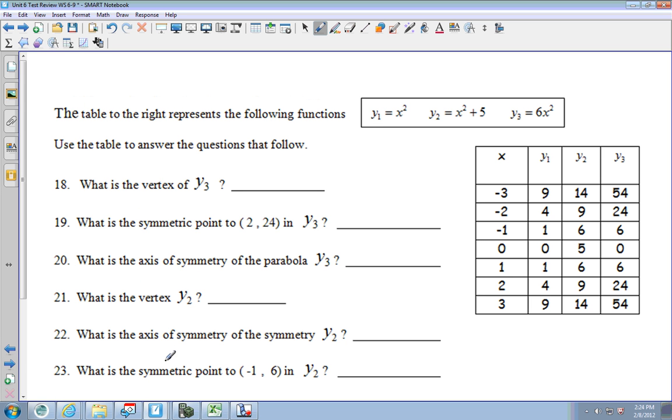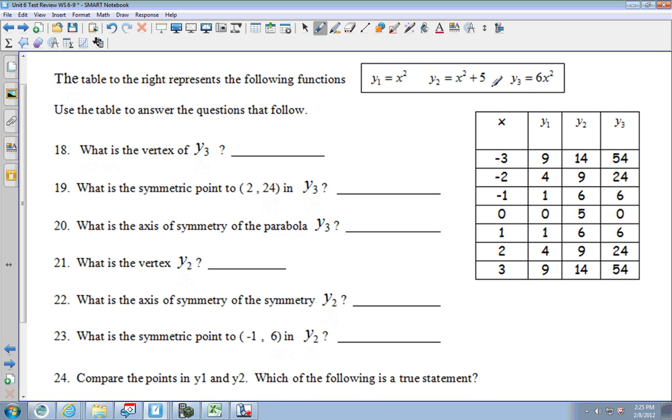Number 17. Okay, gives us all the equations that go with each one of these. It says, what is the vertex of y3? So let's look in y3. Okay, this one is not 0, and then the x number of 0. The vertex is 0, 0.